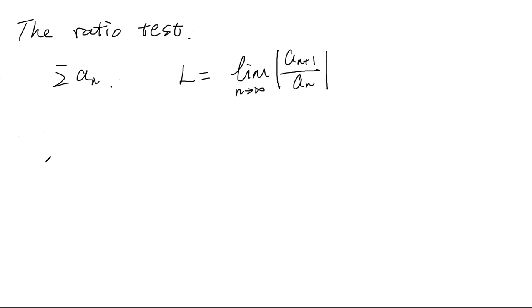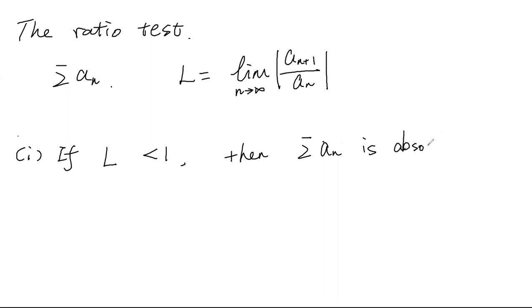And the ratio test tells you that if L is less than 1, then an is absolutely convergent. And because it's absolutely convergent, it's also convergent.